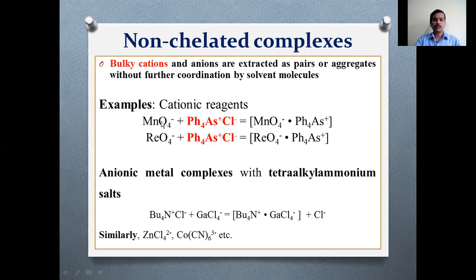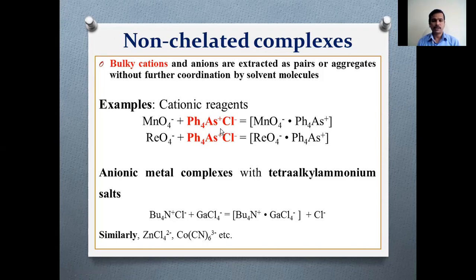If you want to determine the concentration of manganese or rhenium, you can convert the manganese and rhenium present in the sample into permanganate and perrhenate, and extract them with tetraphenyl arsonium chloride to obtain tetraphenyl arsonium permanganate or tetraphenyl arsonium perrhenate. ReO4 minus is perrhenate. So tetraphenyl arsonium chloride will be the reagent and permanganate or perrhenate will be the analyte.